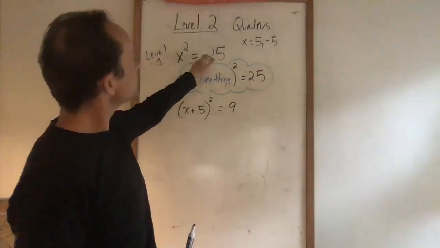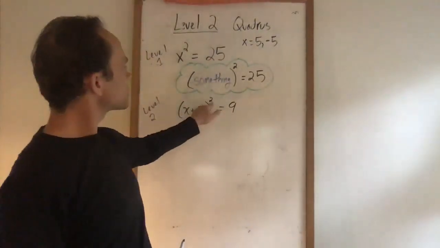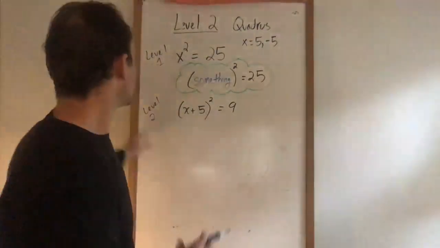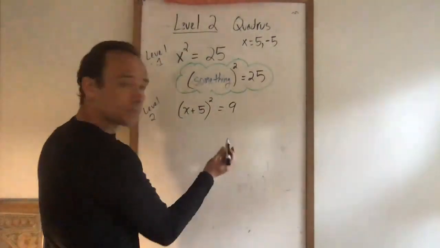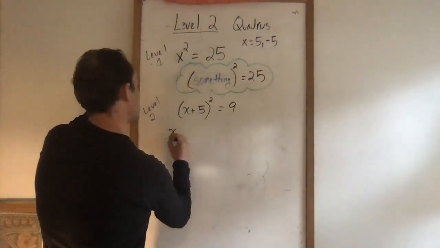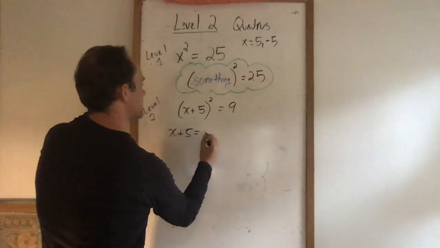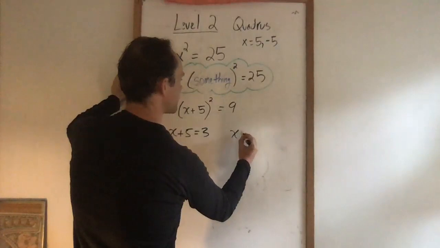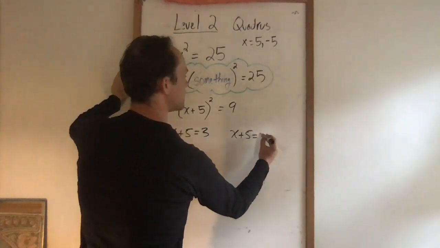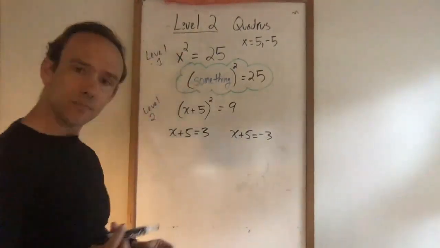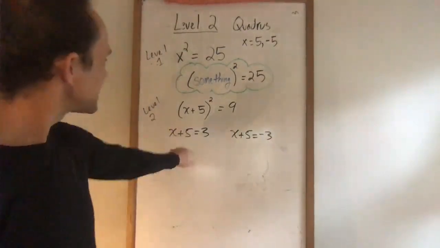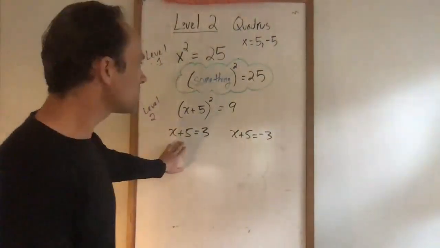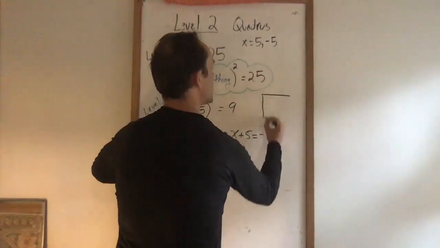Something squared is equal to 25. Something squared is equal to 9. So what we got to do here then is say, okay, that means the something has to be either 3 or the something has to be negative 3. So it sets up a problem that we're going to have to solve here, because you could draw it if you want.